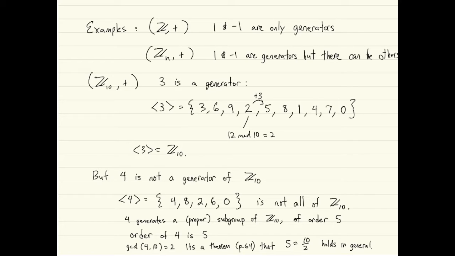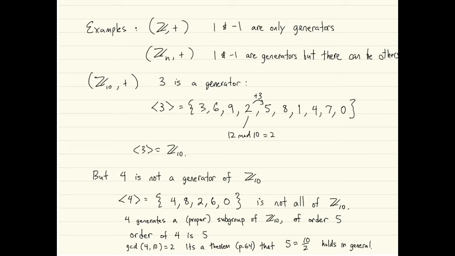Now here, by powers, the group operation is plus, so it's really not quite powers how you'd ordinarily think of powers of 1, which is just 1, but multiples of 1. So all the multiples of 1 are all the integers. The negative multiples give negative integers. Then the integers mod n form another example. Again, the group operation is addition, and 1 and negative 1 are generators, but there could be some others.